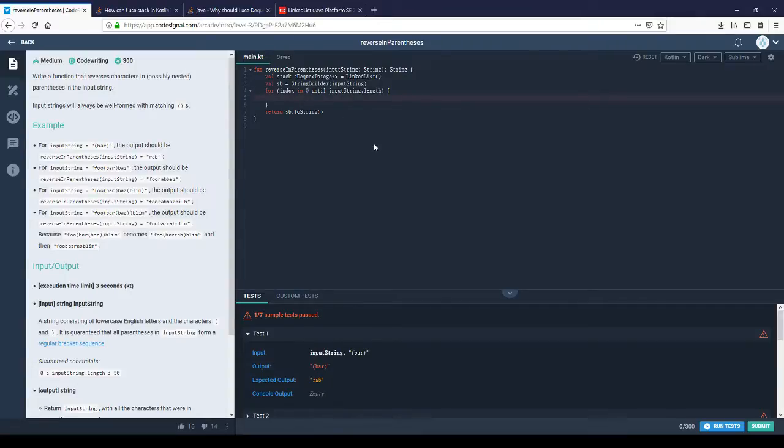But there's an interesting problem here that I have not covered a lot during earlier episodes of learning Kotlin live. So I'm going to try to figure it out here. I am using the stack interface in Java and using the linked list in Java as well.